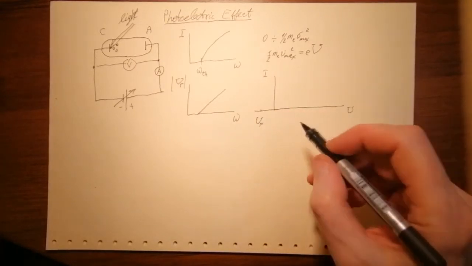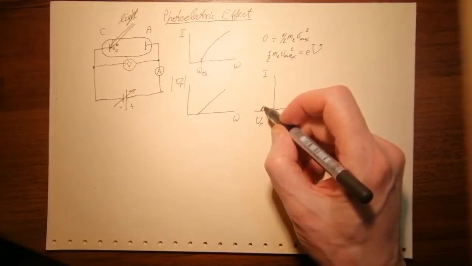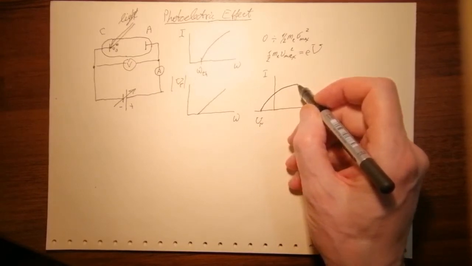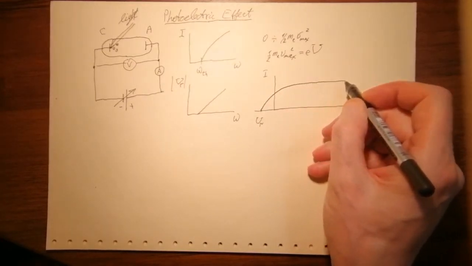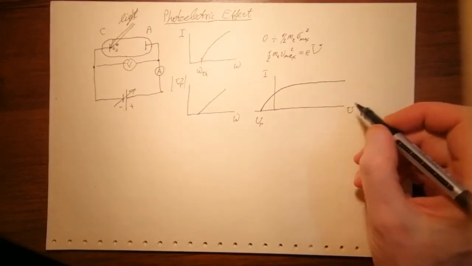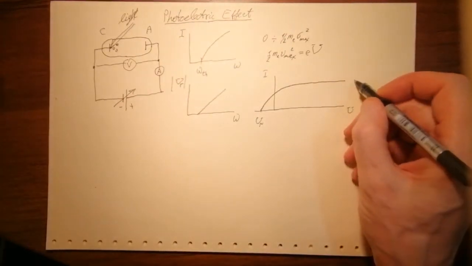So the current will increase, and very soon it will be saturated. This corresponds to intensity of light S1.